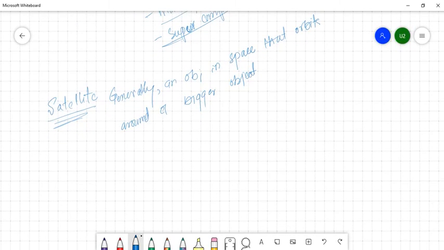Technically, we can say it is an object in space that orbits a celestial body in a curved path. Okay.